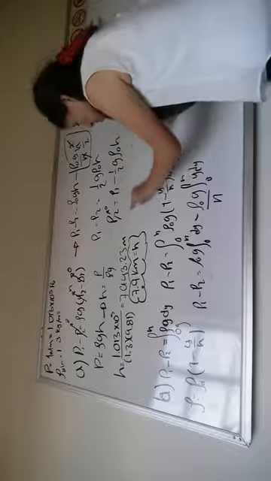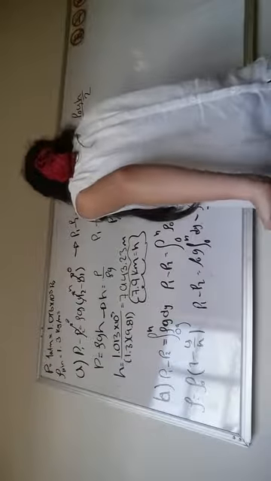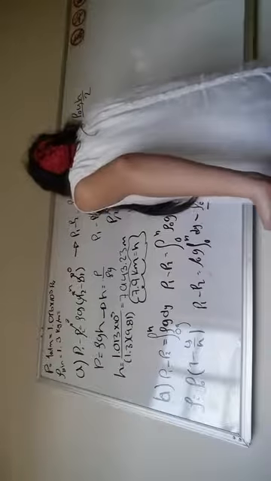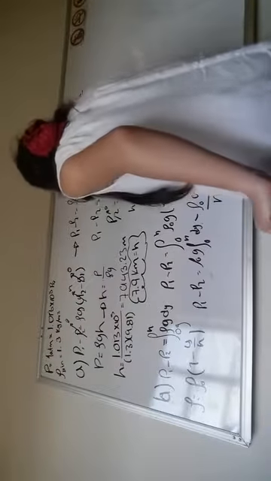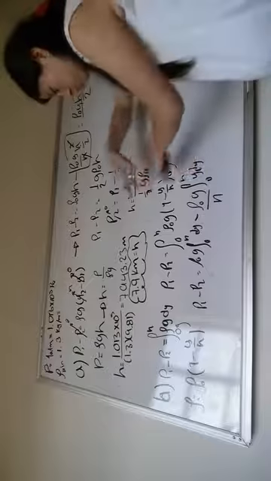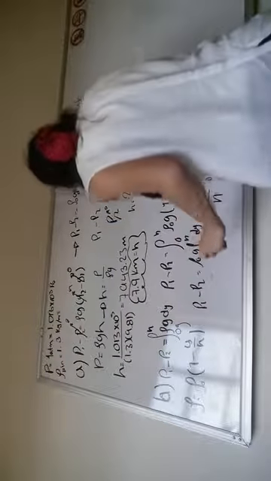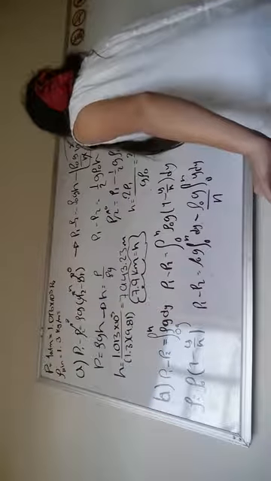So H must be pressure 1 divided by a half of gravity times initial density. But this half, we can put as 2 times pressure initial. So if we substitute these values with the values we have since the beginning, we have 2 times 1.013.